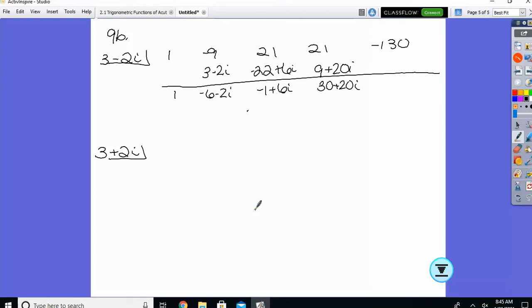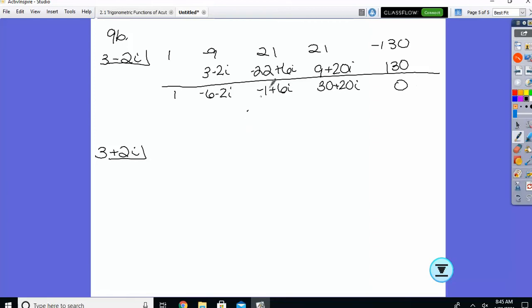Negative 40i squared is 40 plus 90 is 130. Positive 60i and negative 60i cancel, so we get a 0. We know that has to be 0 because I told you this was a 0 of the polynomial. So if you get anything else, go back and find your mistake.